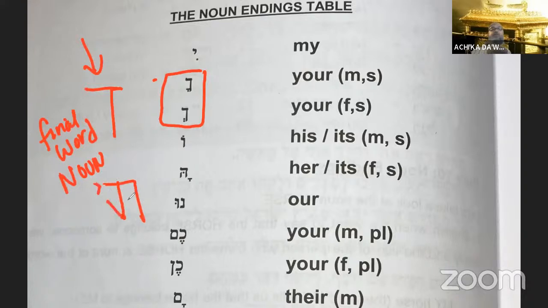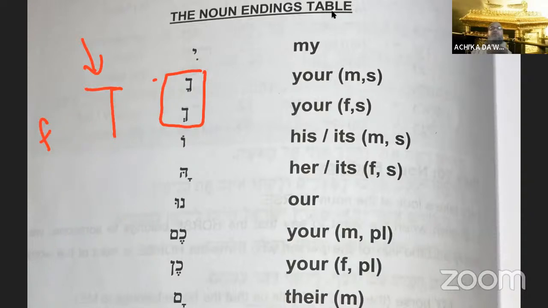Remember Shamar-ta, a T, and there's a ta, the regular tav with the two dots underneath it, remember? So the verbs get the tavs and the nouns get the kafs.